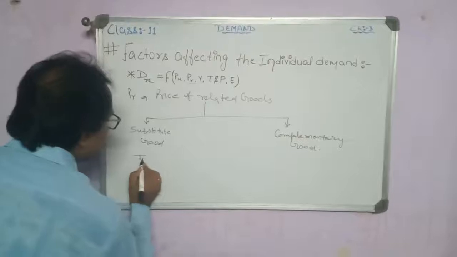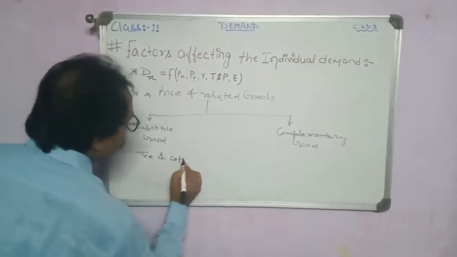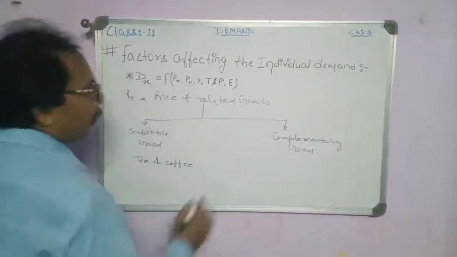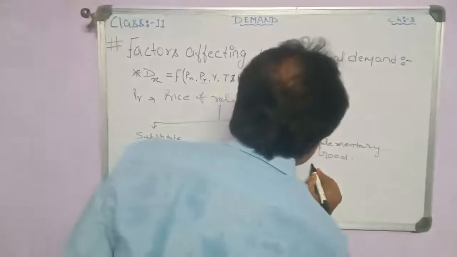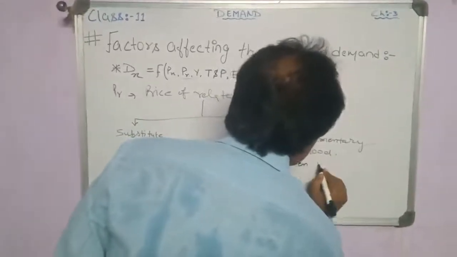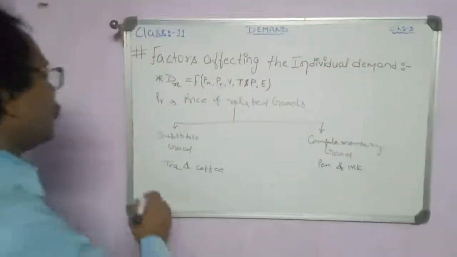Substitute goods are tea and coffee, and complementary goods are pen and ink. So these are the examples.